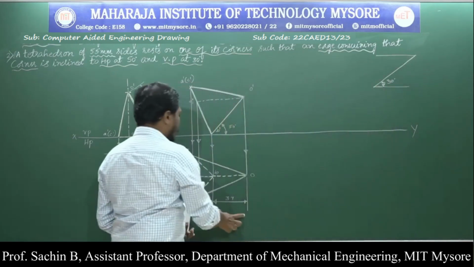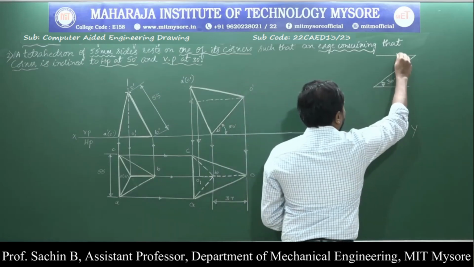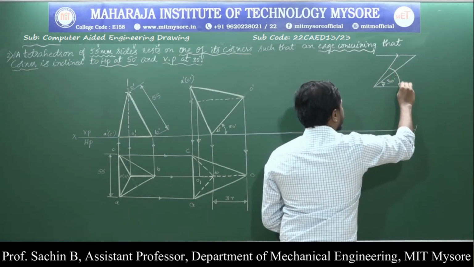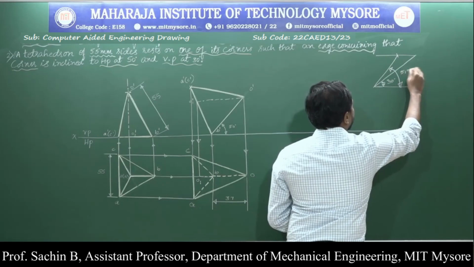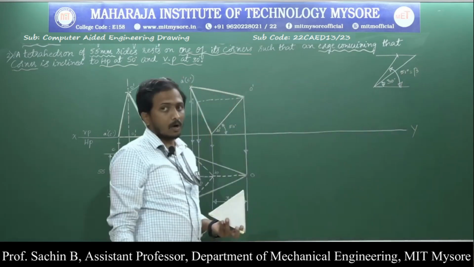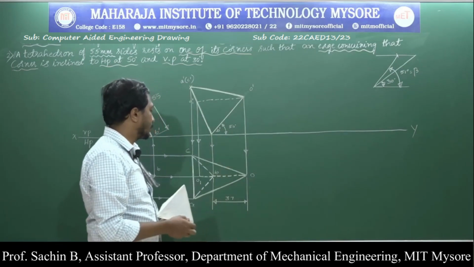I will come to the second position and measure this 37 millimeters. I am going to draw this line. If I measure this angle, this is exactly 51 degrees for me. This is the beta angle. We already know how to get the beta angle. In similar fashion, I have constructed it.